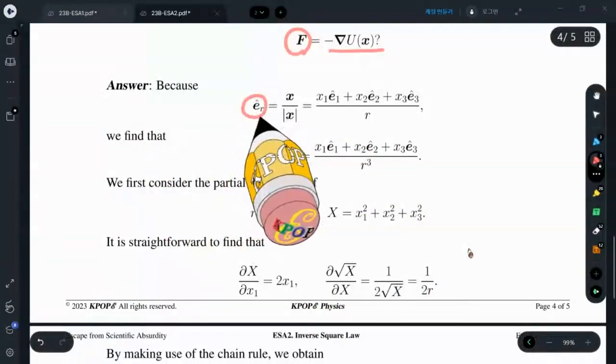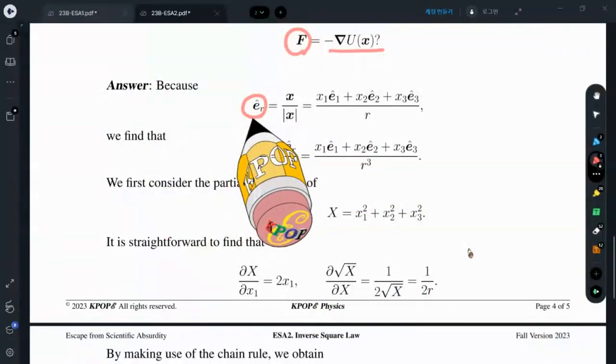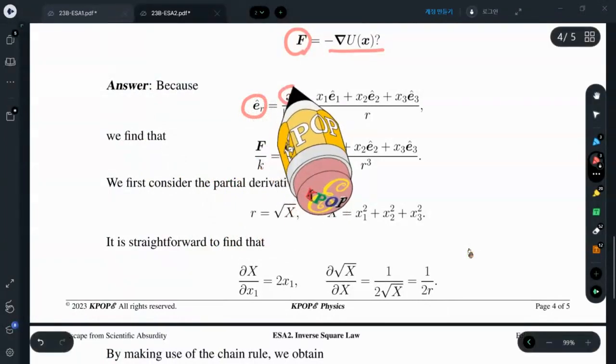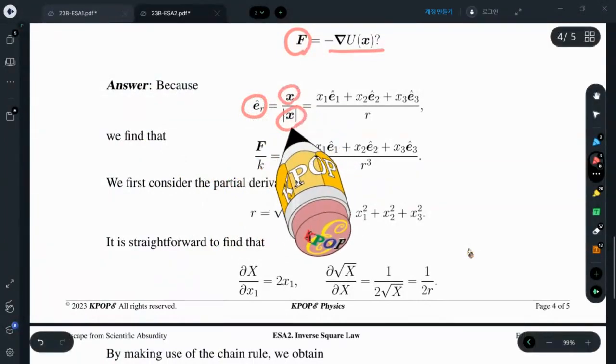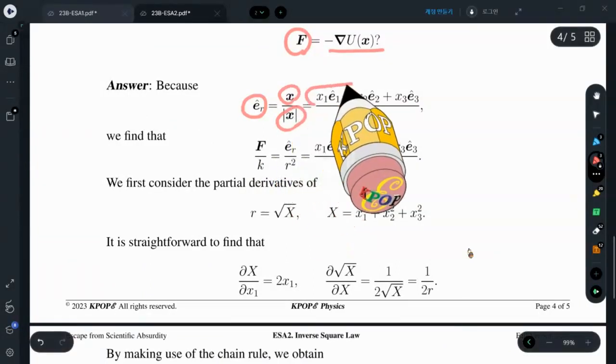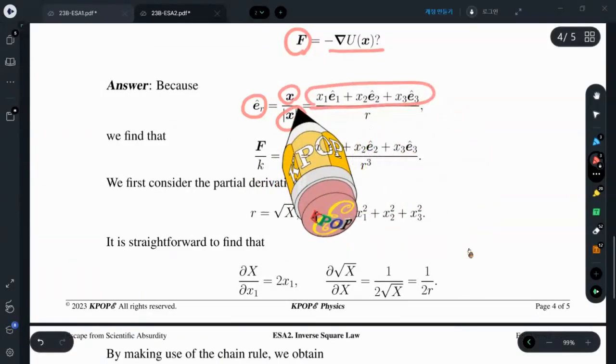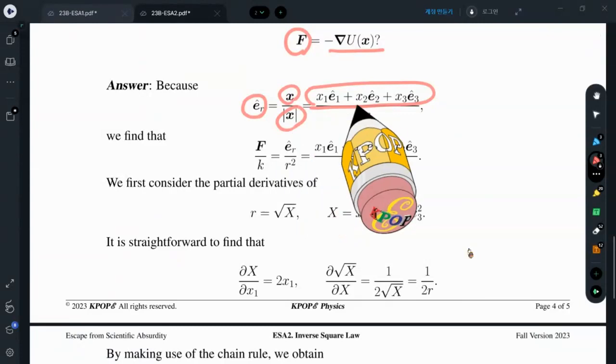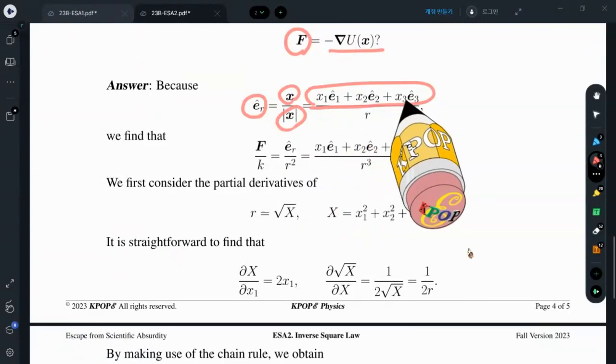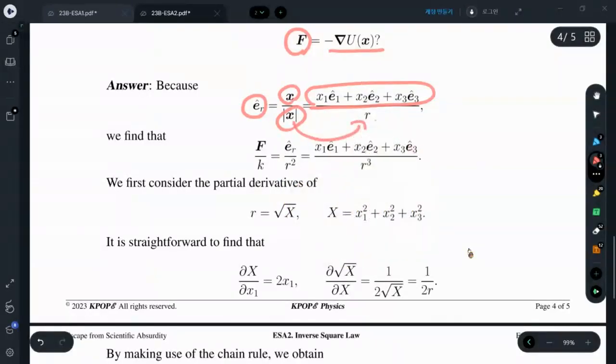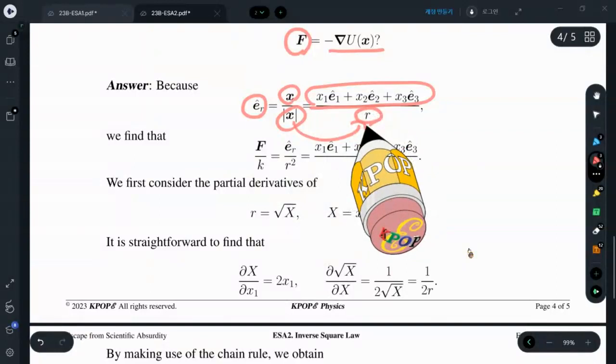First, what is the unit vector? The unit radial vector is the position vector divided by its own magnitude. Okay, the position vector, we have 3 dimensions, so the sum of the x coordinate, y coordinate, and z coordinate, divided by the magnitude, that is r.